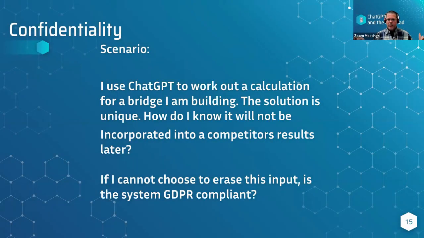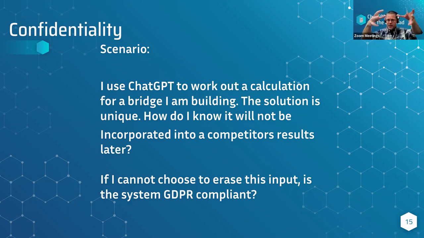Here's the scenario I wanted to ask you about. I use ChatGPT to work out a calculation for a bridge I'm building. The solution's unique. How do I know it will not be incorporated into a competitor's results later on? So my conversation with the chatbot says the information is pooled and other chatbots can use it. So when I'm chatting with AI and you're chatting, we have a different AI session.